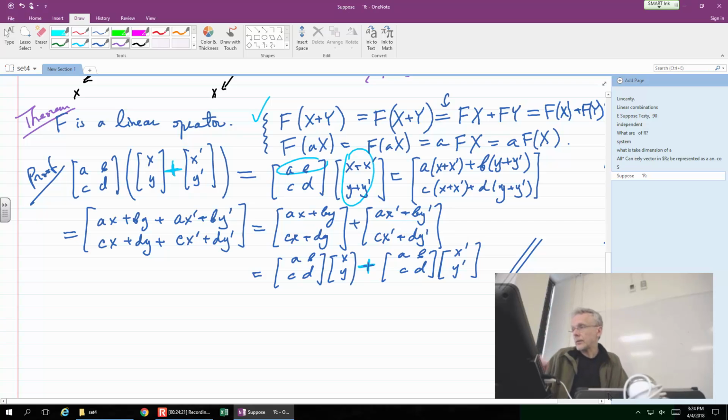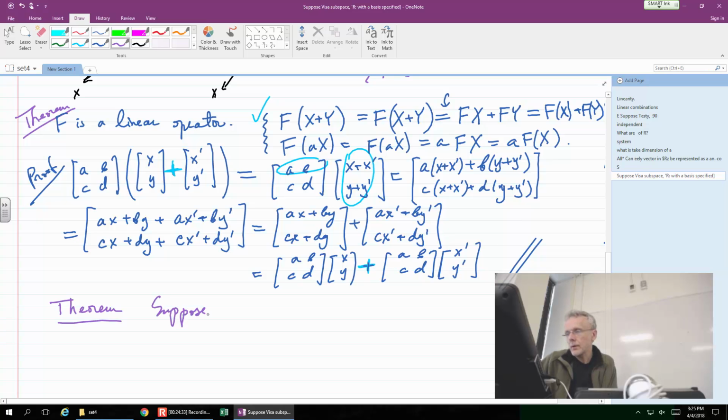Now the next, let me put it in a bigger way. Suppose V is once again Euclidean space, or space with a basis specified.